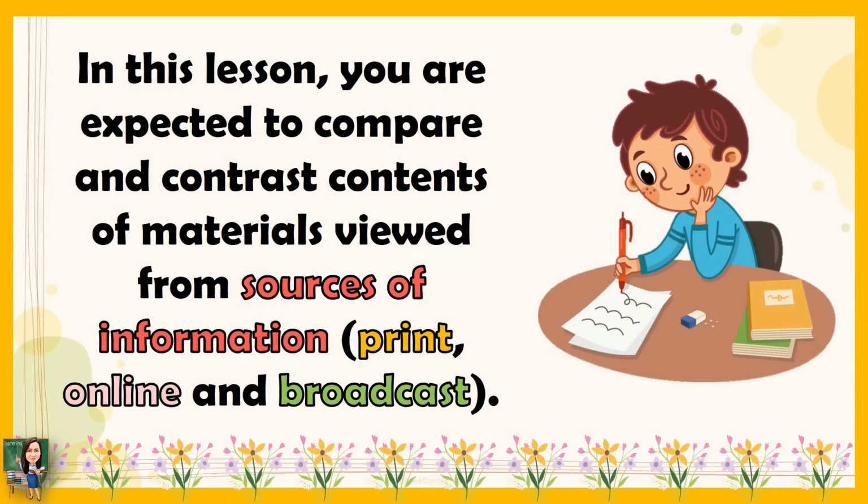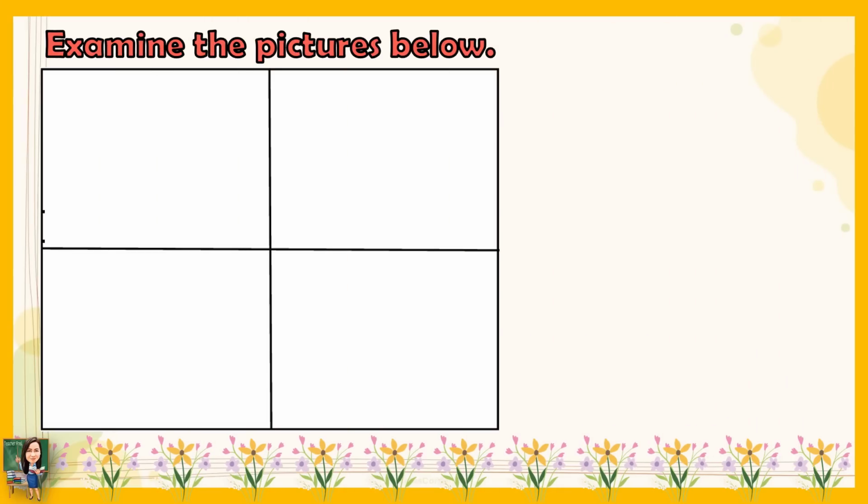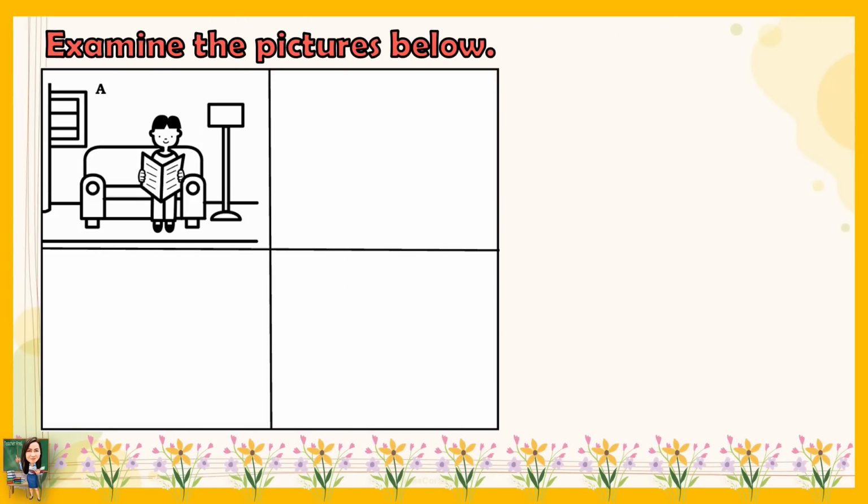In this lesson, you are expected to compare and contrast contents of materials viewed from sources of information like print, online, and broadcast. Examine the pictures below. Letter A, the source of information the boy used is print material, which is a newspaper.